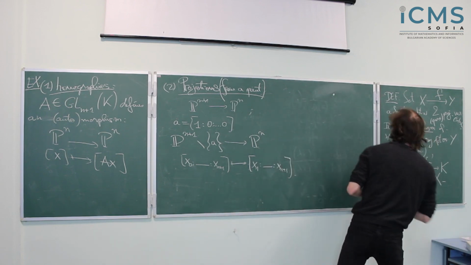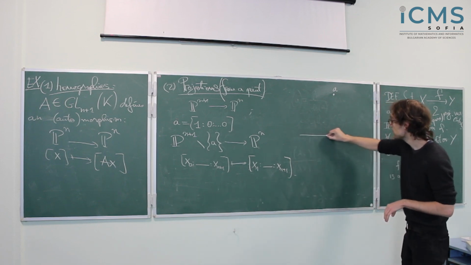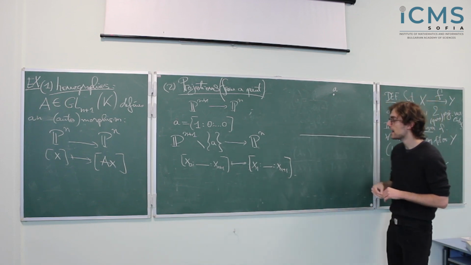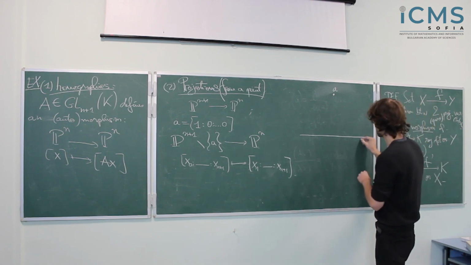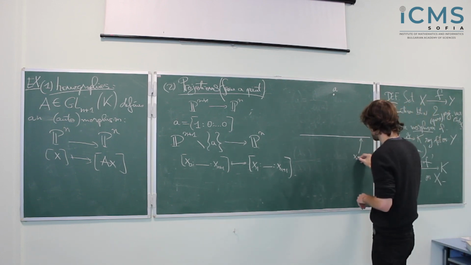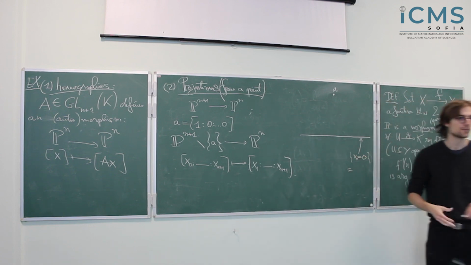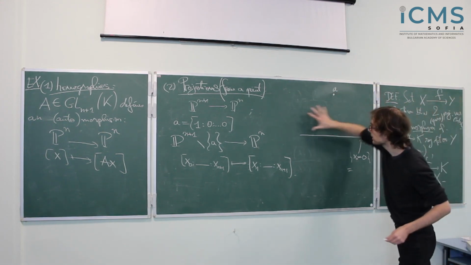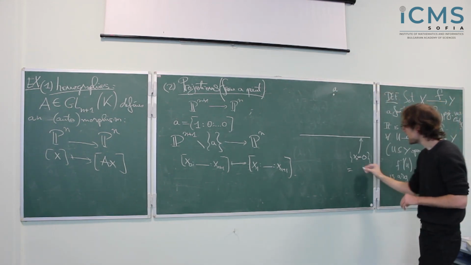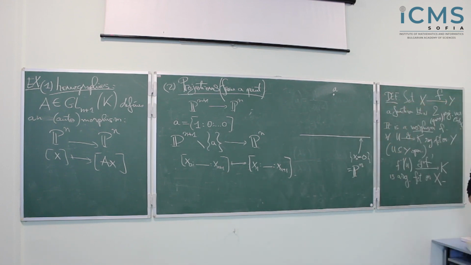This is A. And if I consider all the points where x0 is equal to 0, this is actually the points at infinity of the affine chart. And as you can remember, you can identify it with P of n.